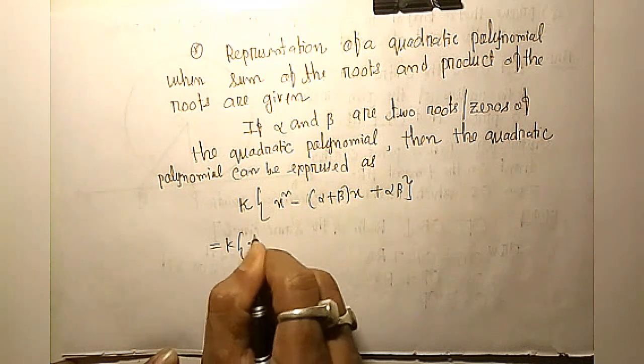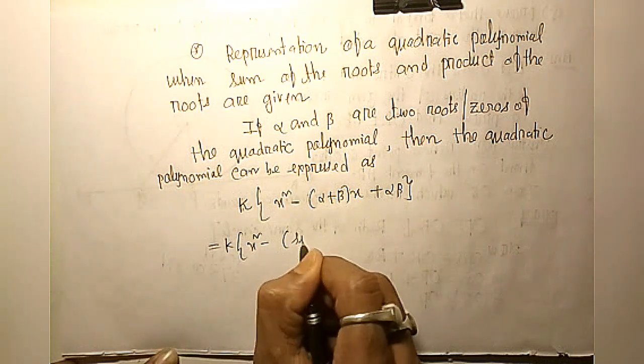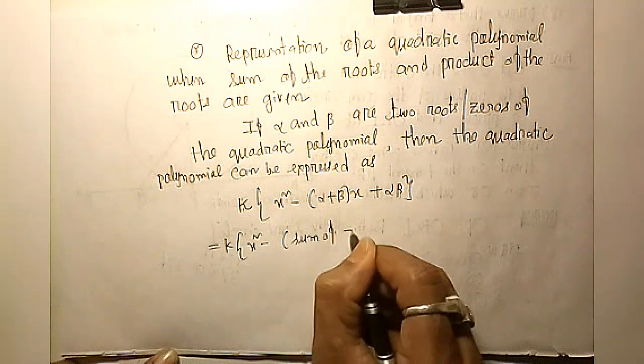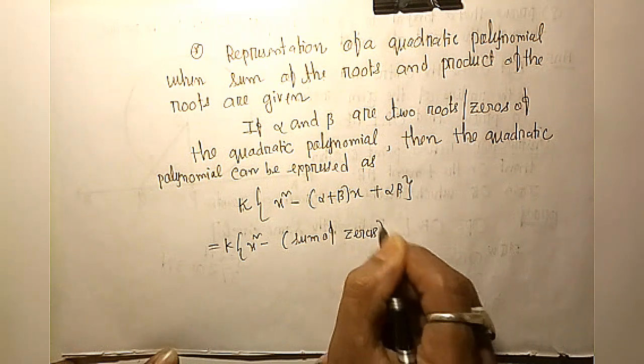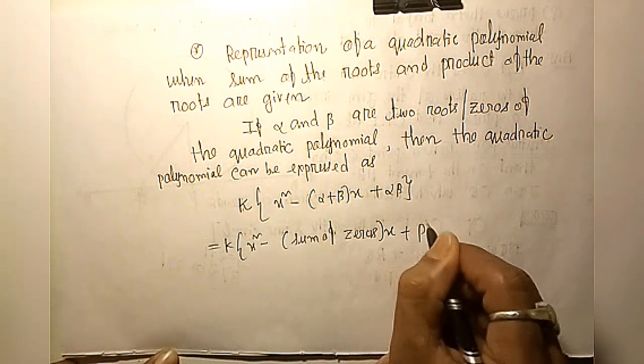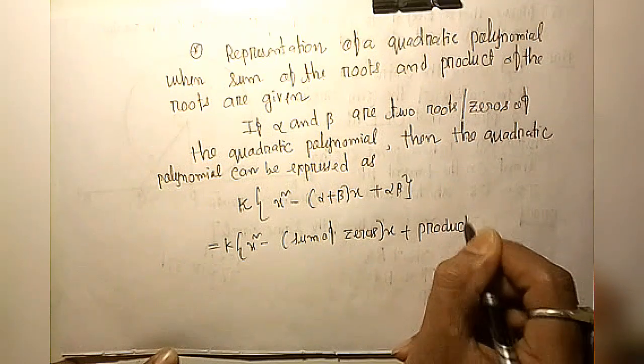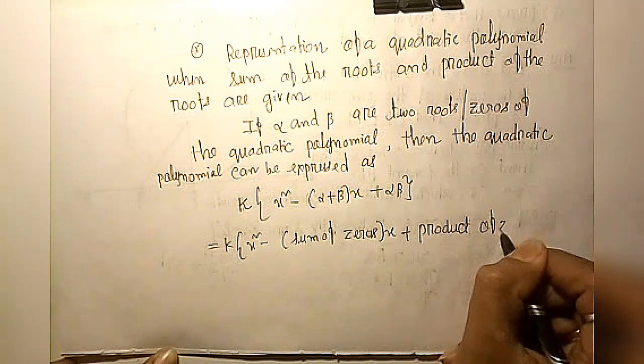So k bracket x square minus the sum of the two roots, alpha plus beta, into x plus the product of the zeros.